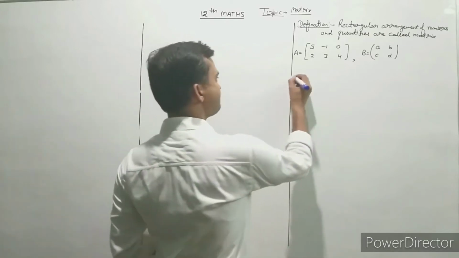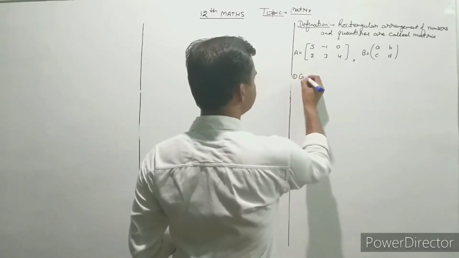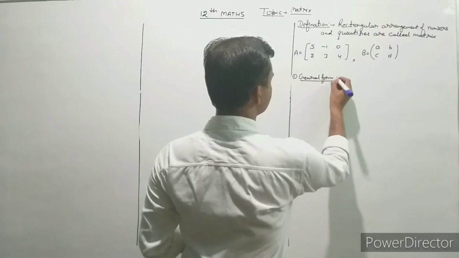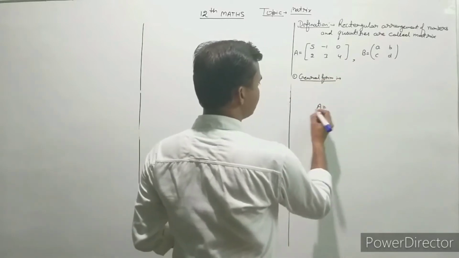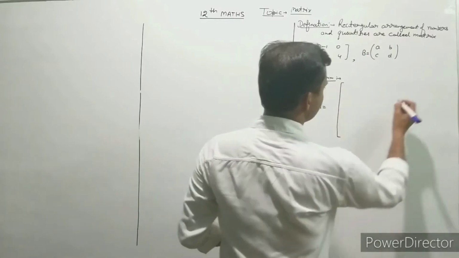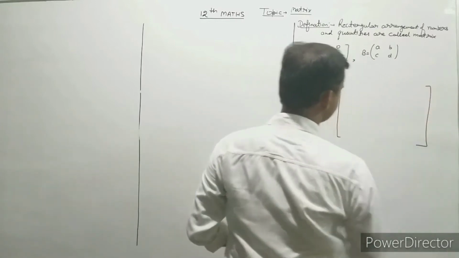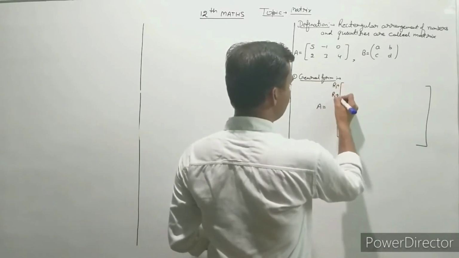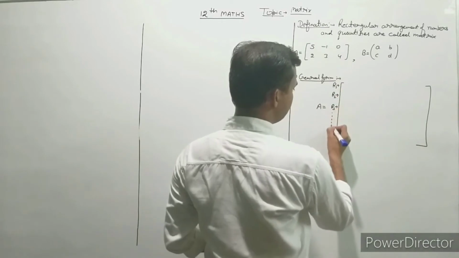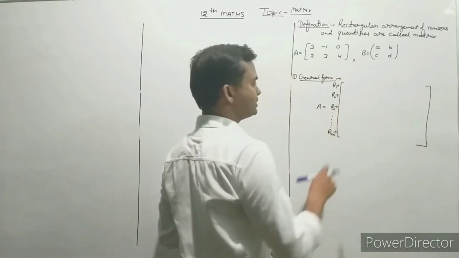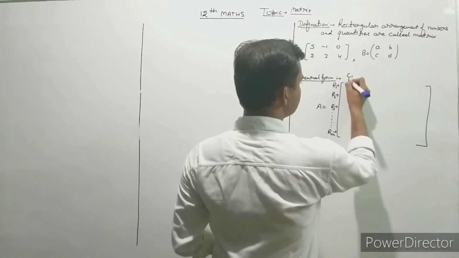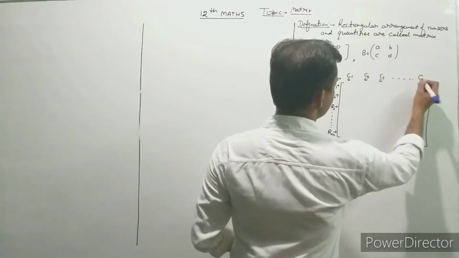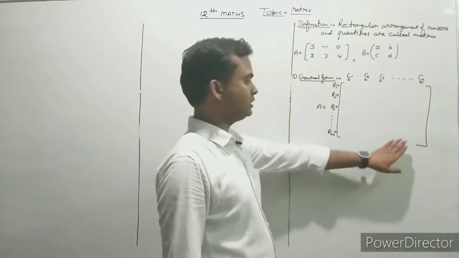First, general form. In this form, we can write the matrix as follows. Capital A represents the matrix, and R1, R2, R3 and Rn represent rows, C1, C2, C3, Cn represent columns of the matrix.